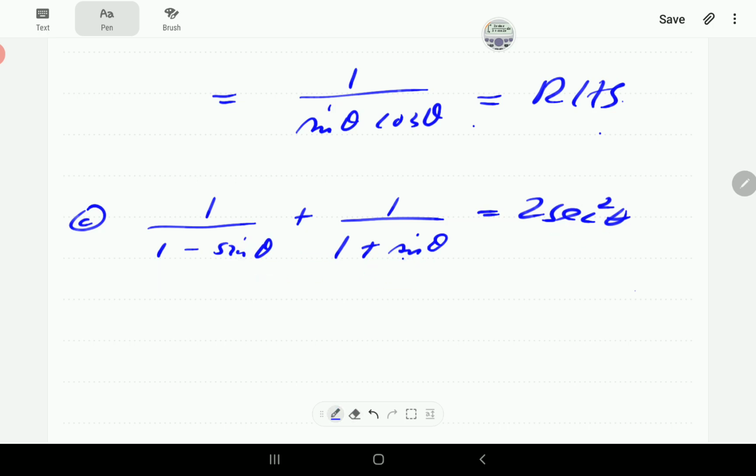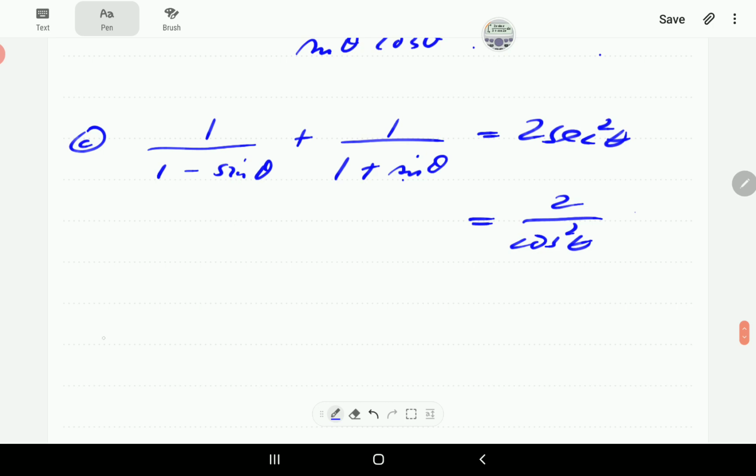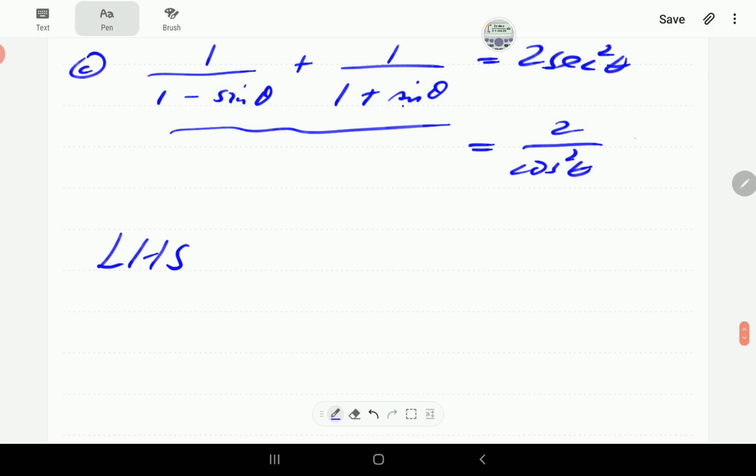This one I'm going to rewrite. Secant is 1 over cosine, so secant squared is 1 over cosine squared. So this side we can write as 2 over cosine squared theta. We're going to work from the left hand side, which is this side here.